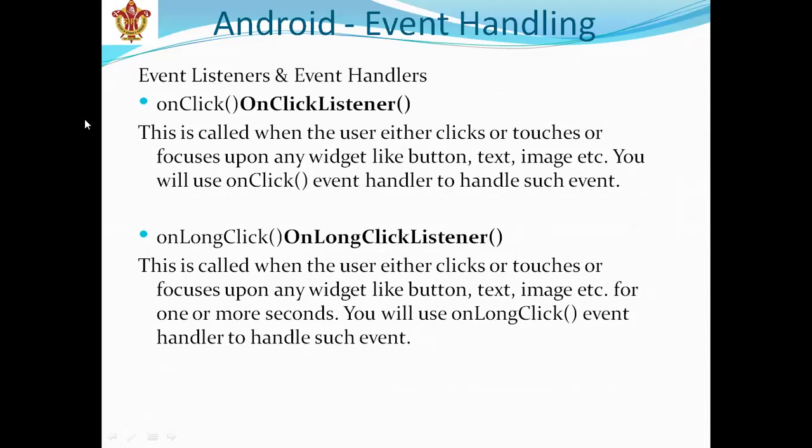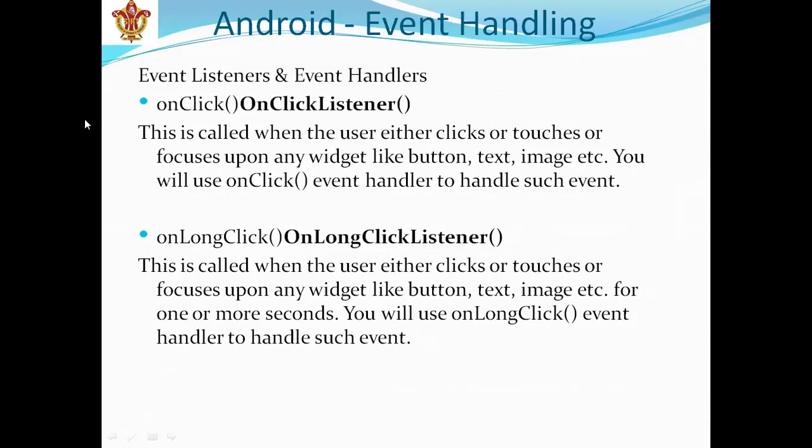Next we will see the on long click listener. What is the long click listener? This is called when the user either clicks, touches, or focuses upon any widget like a button, text, or image, same as the click listener, but for one or more seconds.